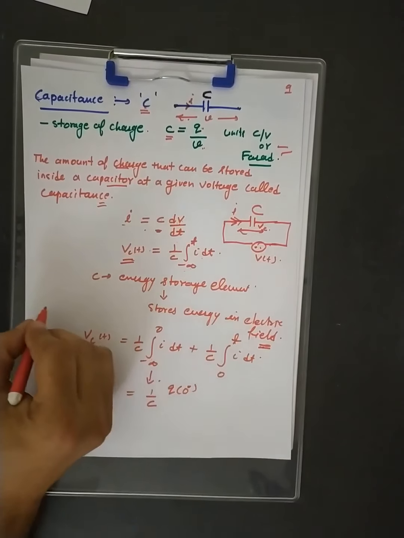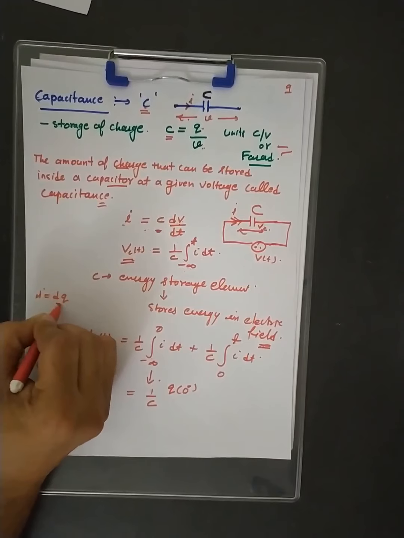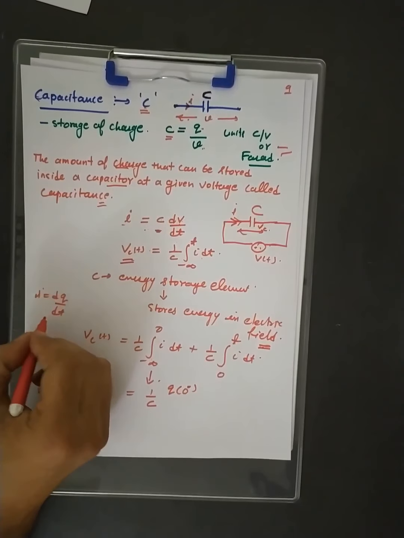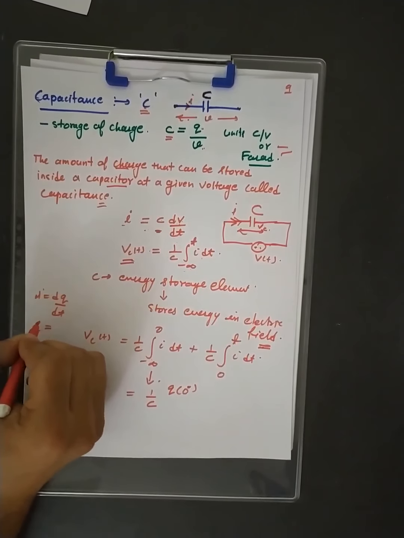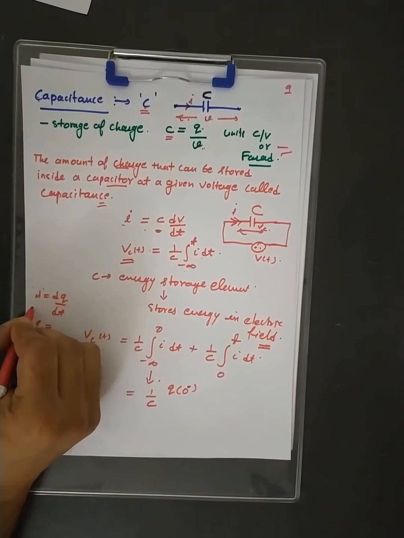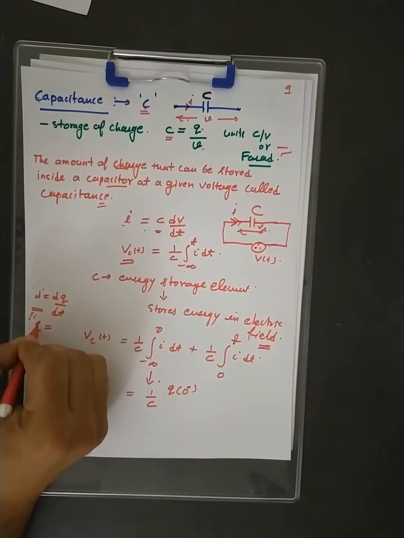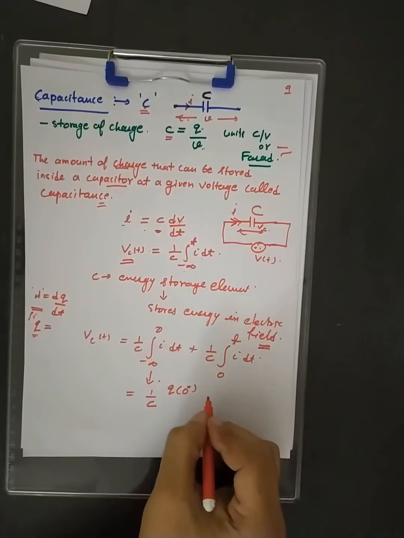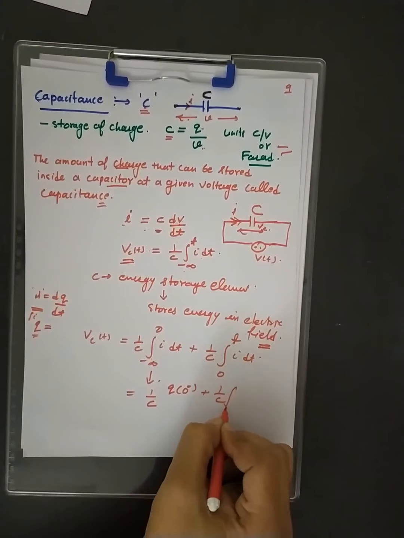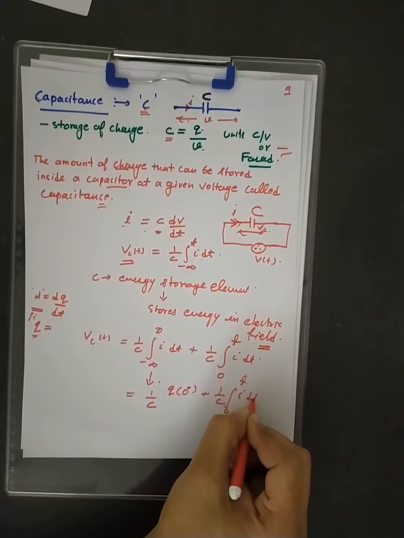Okay, because you know very well current is equal to dq over dt. If you integrate this equation, you will get the charge. So I am writing here Q charge plus 1 upon C 0 to t I into dt.